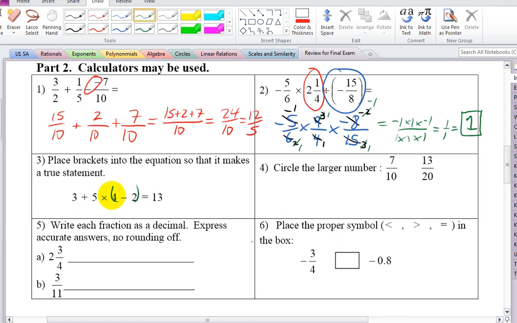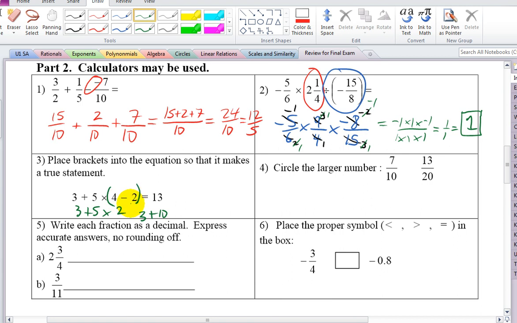So 3 plus 5 times 2. Oh, 3 plus 10. That will give us 13. So the answer is just brackets around the 4 minus 2. That makes that become the first thing to be done. Great description. Okay. Any questions about that? So you need brackets around your subtraction.